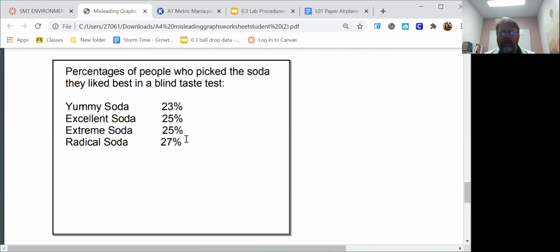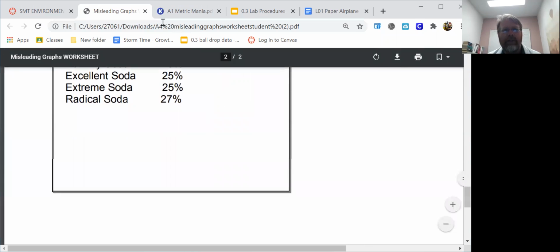If you change the scale on your graph, you can adjust the seeming big difference, showing how radical soda is so much more preferred, even though it's just slightly more preferred than other sodas. Okay, so that was misleading graphs.